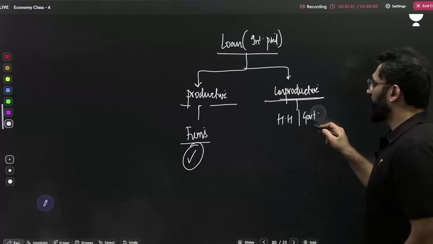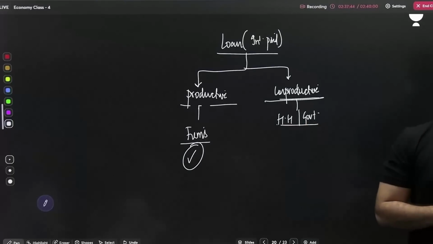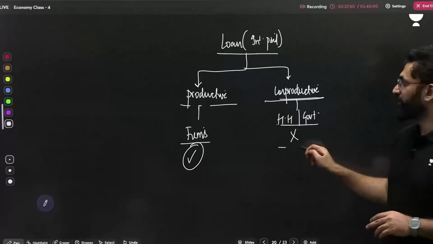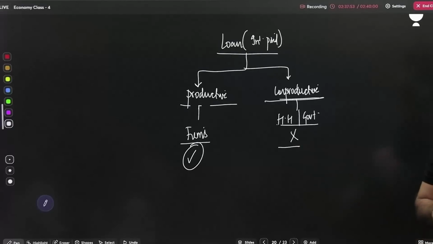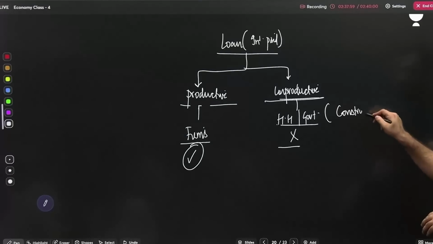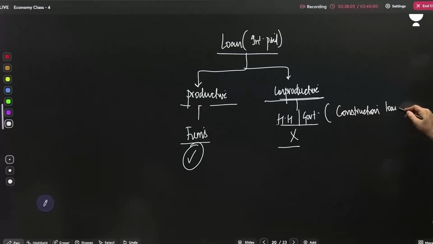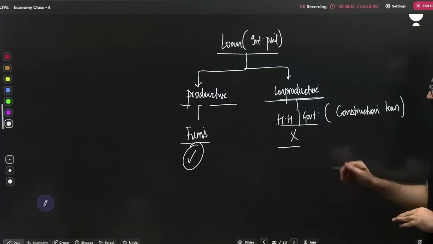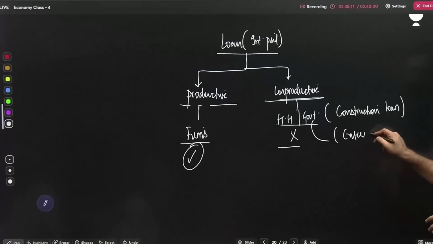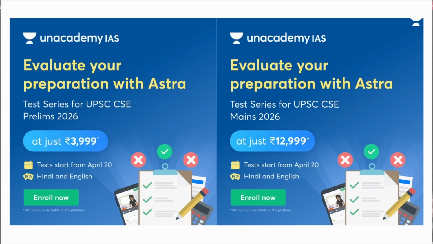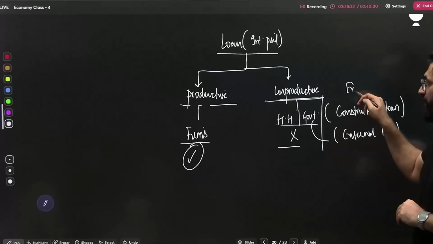Next, the interest paid by households and government on the loans will not be included, as they are considered unproductive.